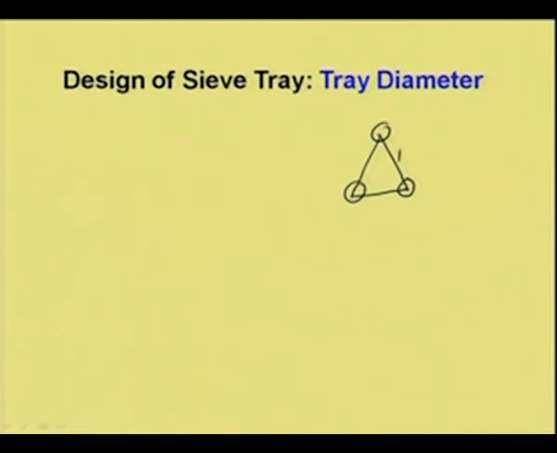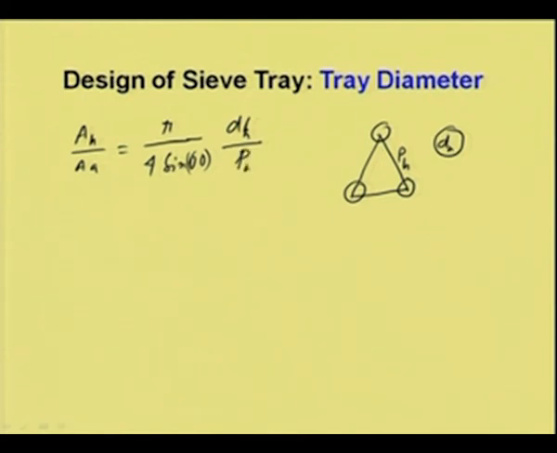So, this is the pitch length, and the diameter of each hole is say d_h, then A_H by A_A we can write as pi by 4 sin 60 into (d_h by p_h) to the power square.